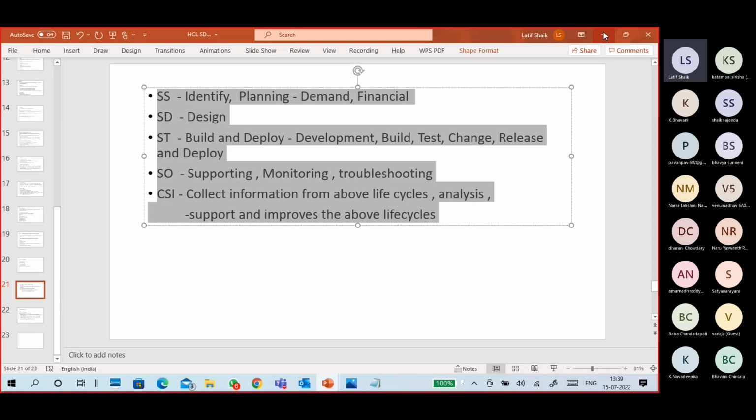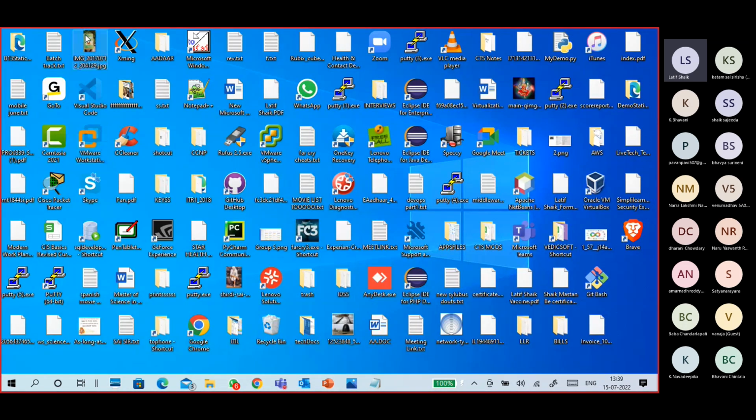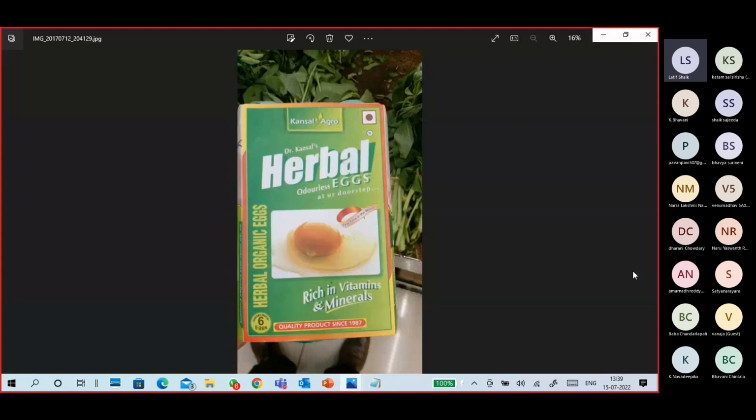Sometimes, in demand management, I always show you a picture, so don't mind the picture, guys. This is one of my pictures, which I took in 2017, almost 5 years back. It is not a social media picture. I took this picture myself. If you see the picture, what do you get?